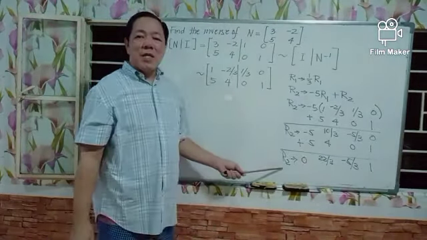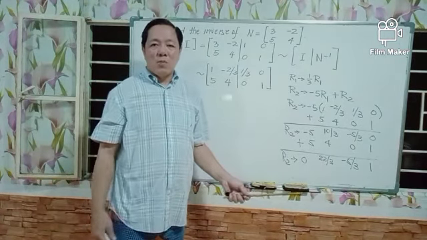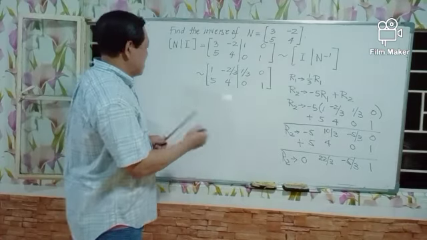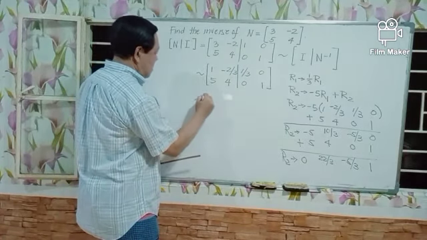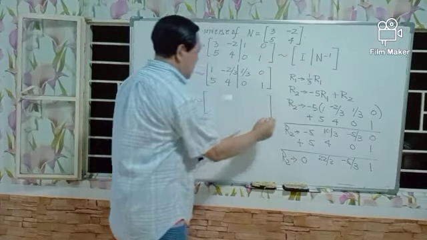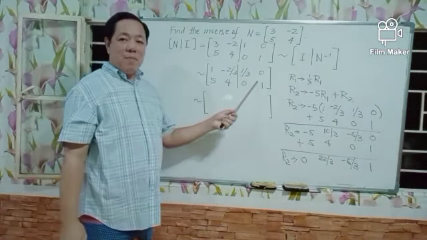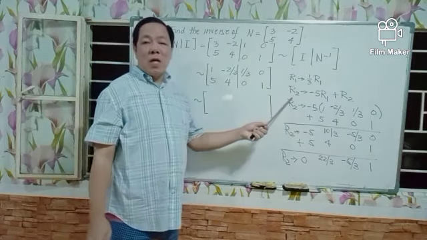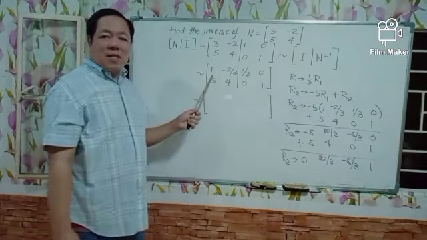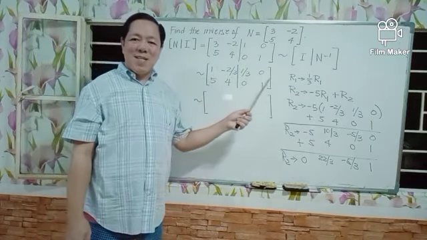And these are the new entries of row 2 in the equivalent matrix that we will now write. Entries of the first row are the same because it is the entries of row 2 that we change. So the entries of the first row are the same, 1, negative 2/3, 1/3, 0.